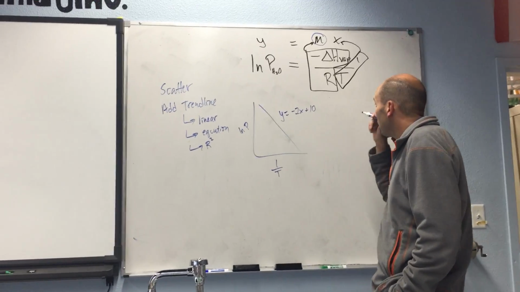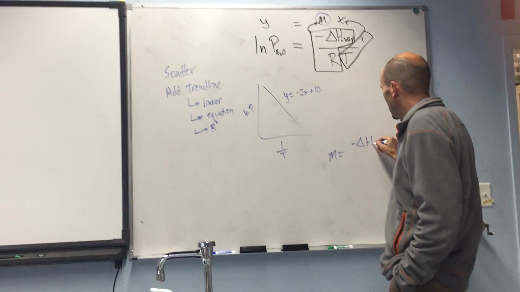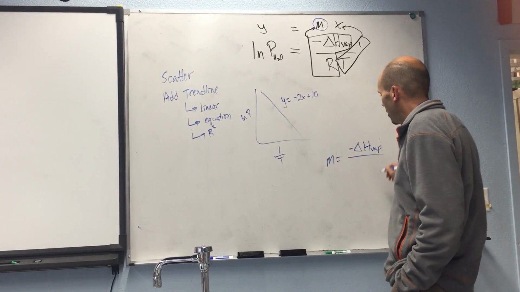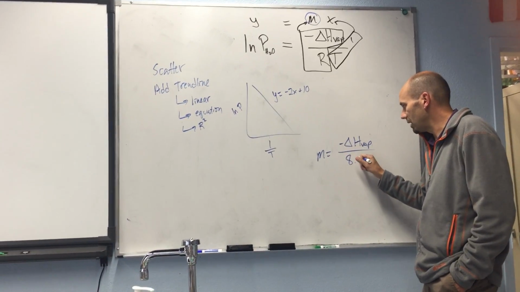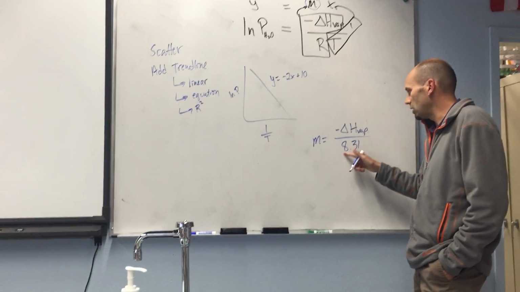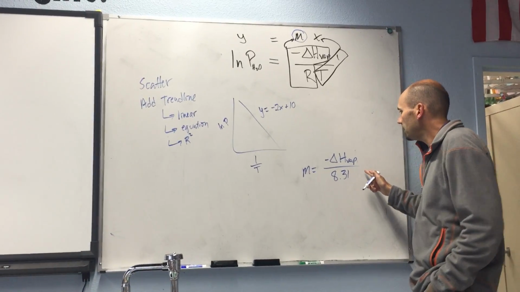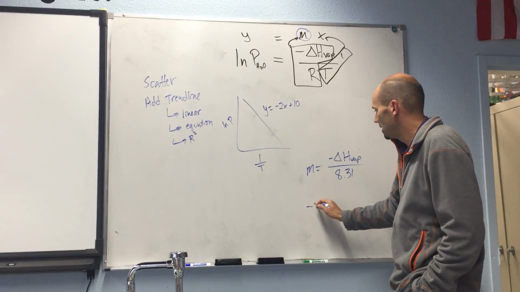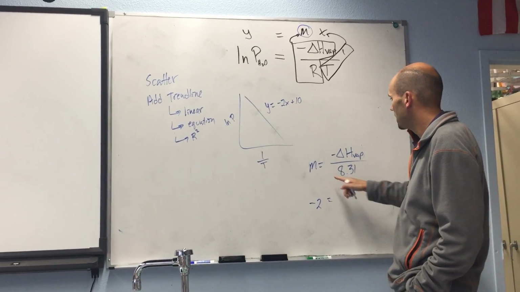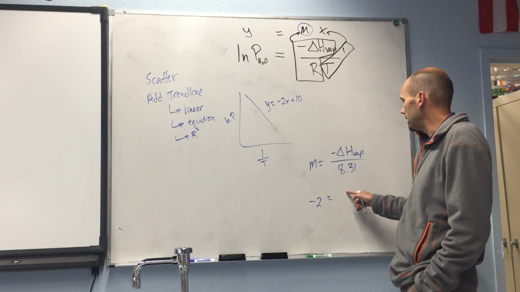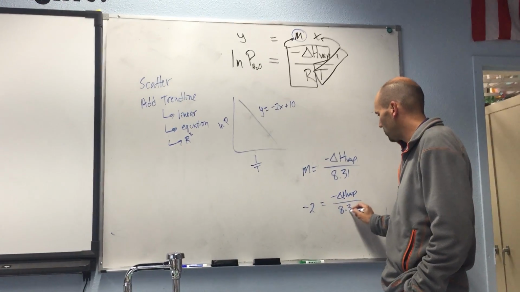And so I know that m is equal to negative delta H, heat of vaporization, which is our variable, over R. And since this is now a physics problem, the R that we're using is the kilopascal one, which is now equal to 8.31. That's the constant for kilopascals. So once you have the slope, in this case, -2, m is -2 from right there, is equal to negative delta H vap over 8.31.